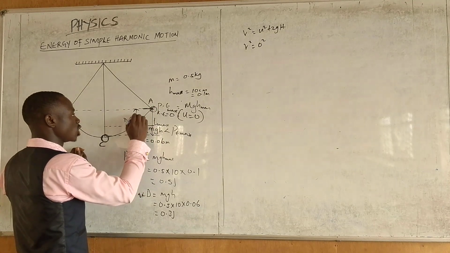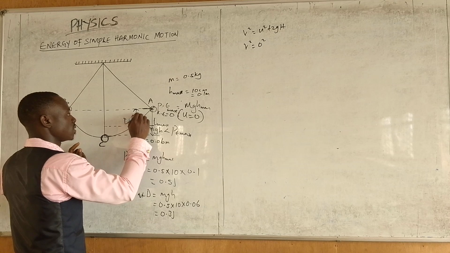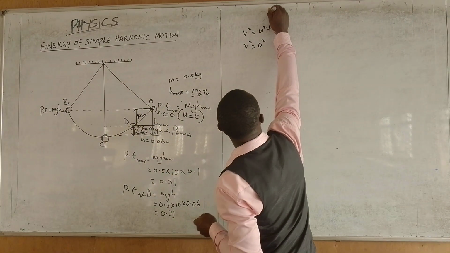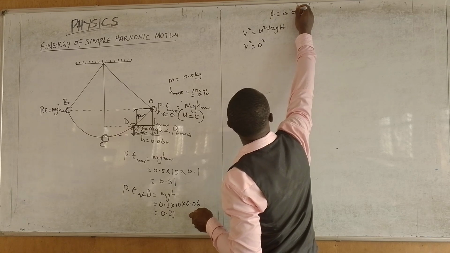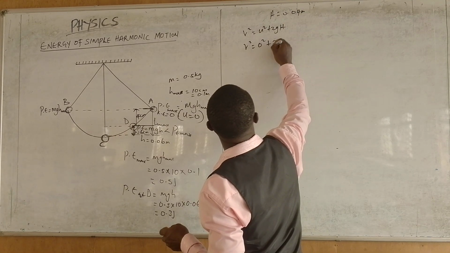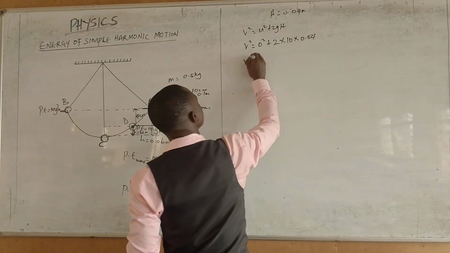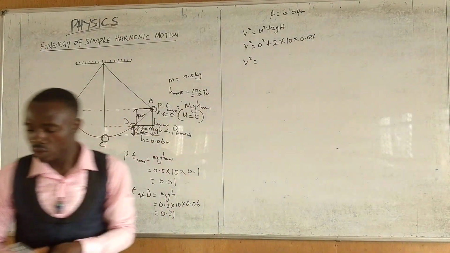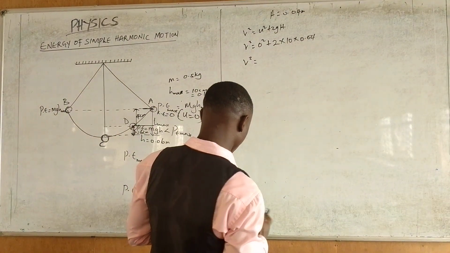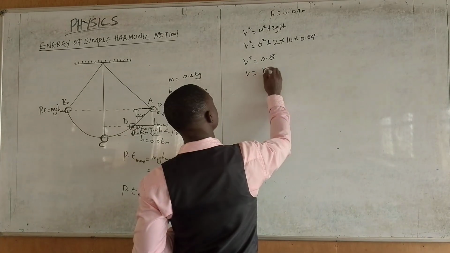That's 10 minus 6, which is 4 centimeter, which is now 0.04 meter. So V square is going to be 2 times 10 times 0.04. That's 20 times 0.04, which is 0.8. And V is the square root of 0.8.